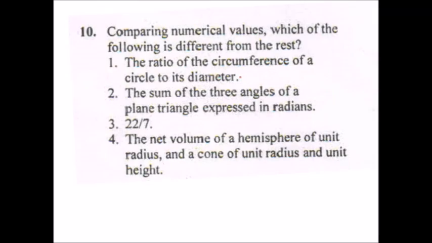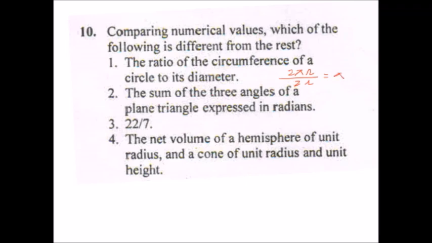10th number question. Comparing the numerical values, which of the following is different from the rest? The first point is the ratio of the circumference of a circle to its diameter. What is the formula for the circumference? It is 2 pi r, and the ratio with the diameter 2r will give you pi.